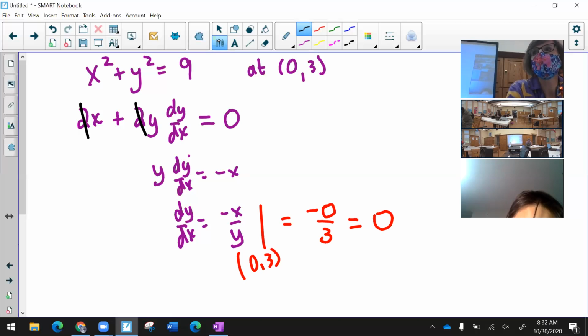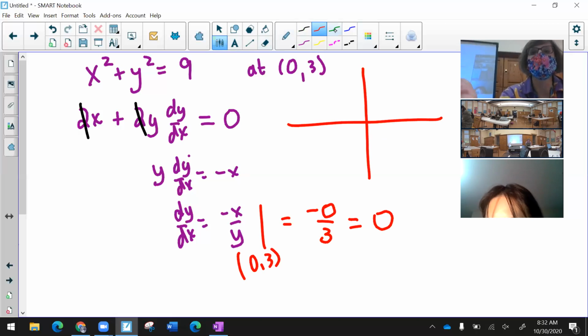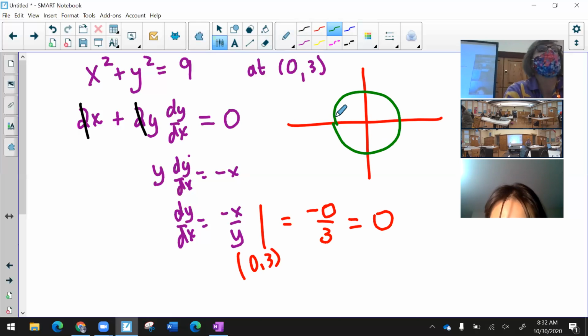So this is a nice problem because we can actually check our answer. What is x squared plus y squared equals 9 the equation for? A circle. So it's going to give me a circle that looks something like this. What's the radius of my circle? 3.